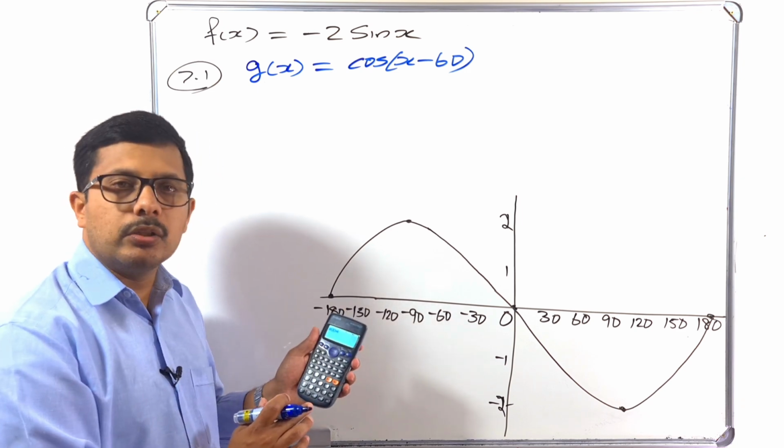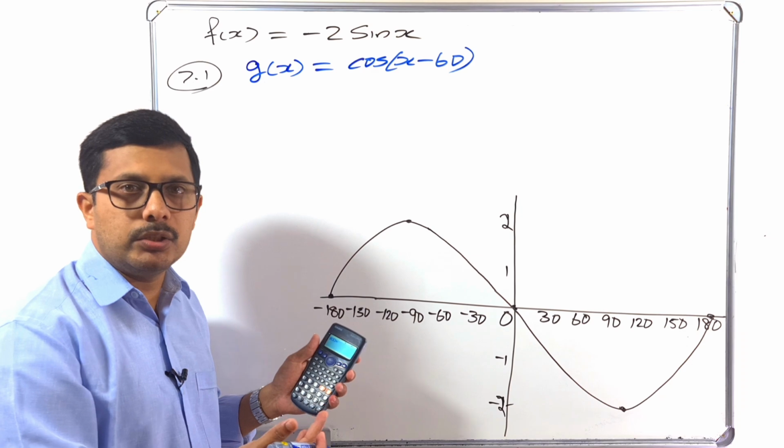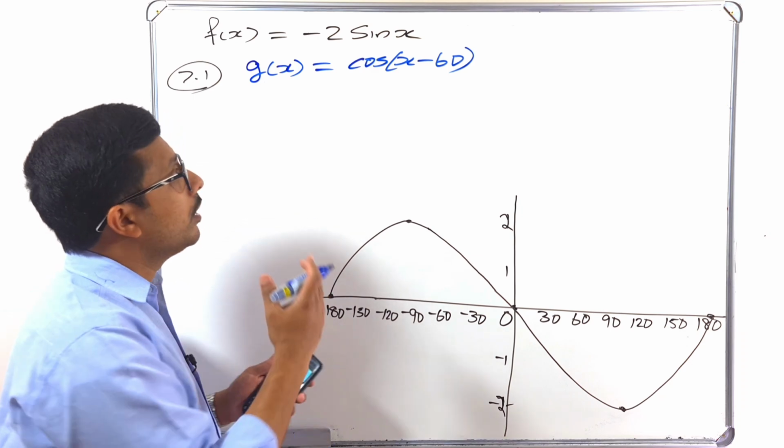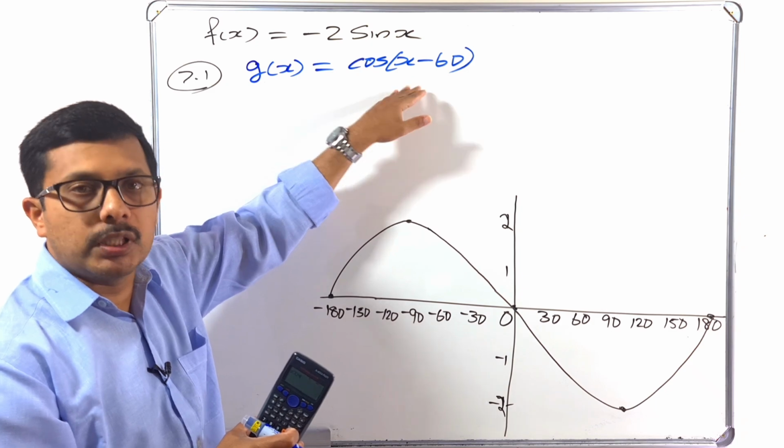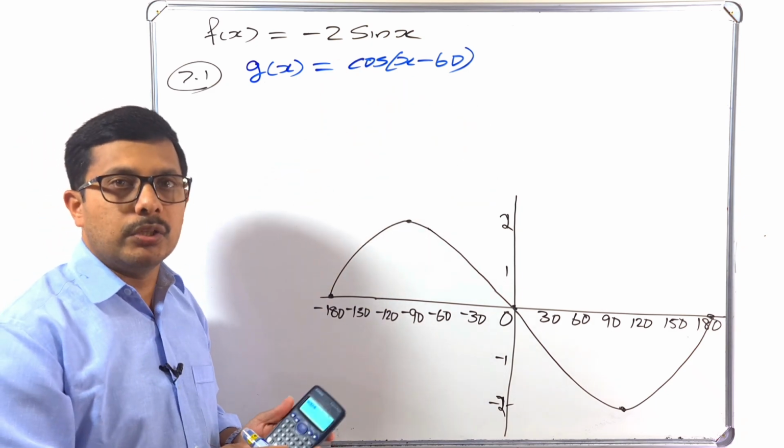You don't need to type g of x because we are typing it as f of x, but we know that it is actually g of x.